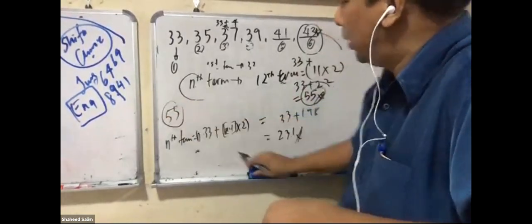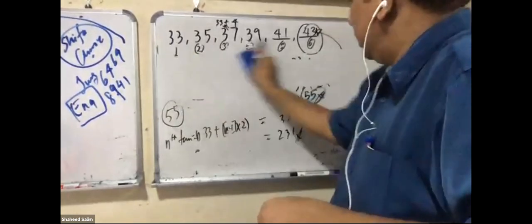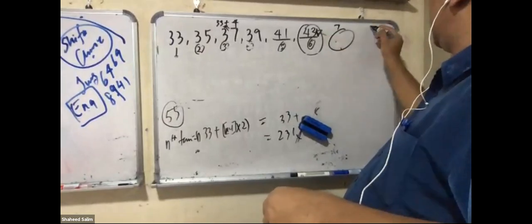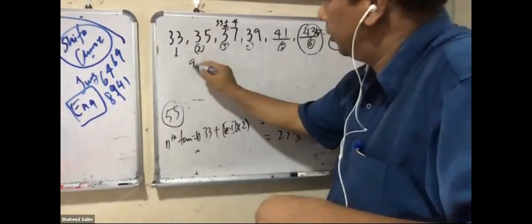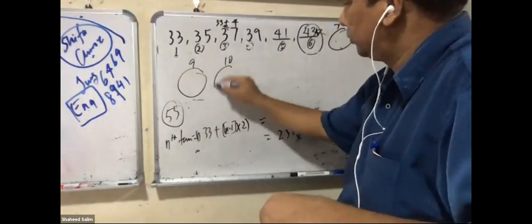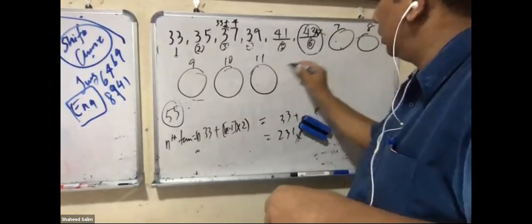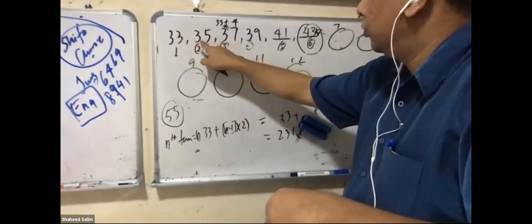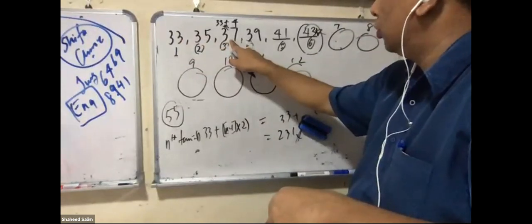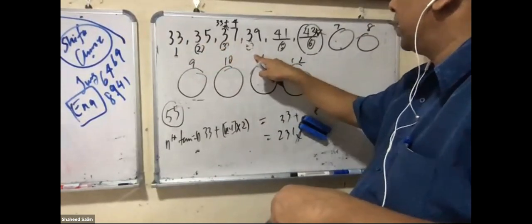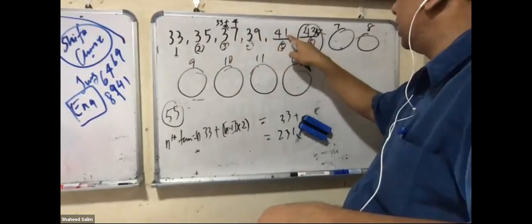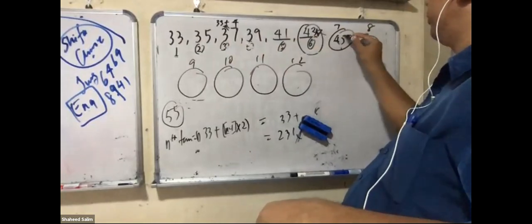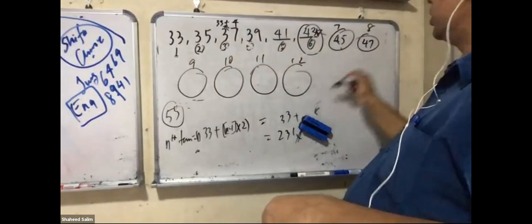We will try to count forward now. First term, 33. Second one, plus 2, 35. Third one, plus another 2, 37. Fourth one, plus another 2. Fifth one, plus another 2. Sixth one, plus another 2, 43. Then the 7th one, you plus another 2, 45. Plus another 2, 47. It's the 8th one.